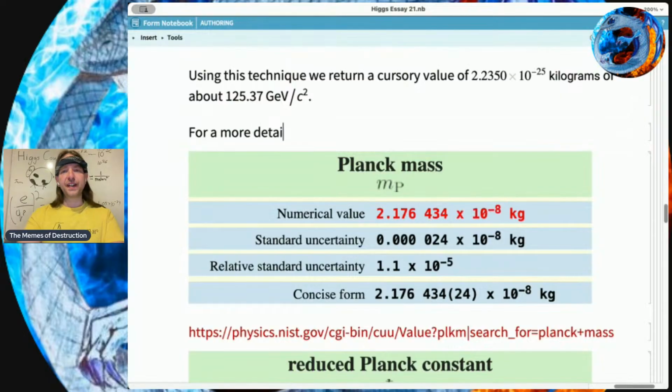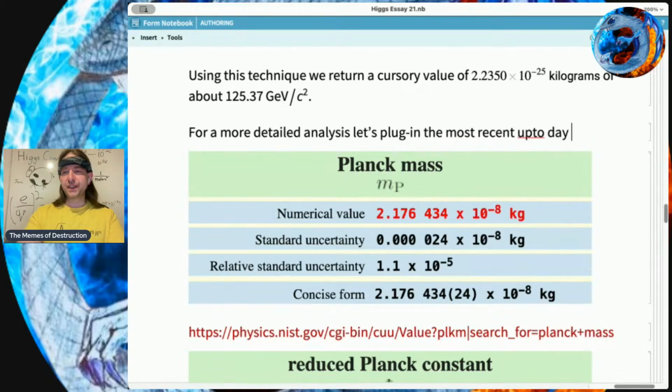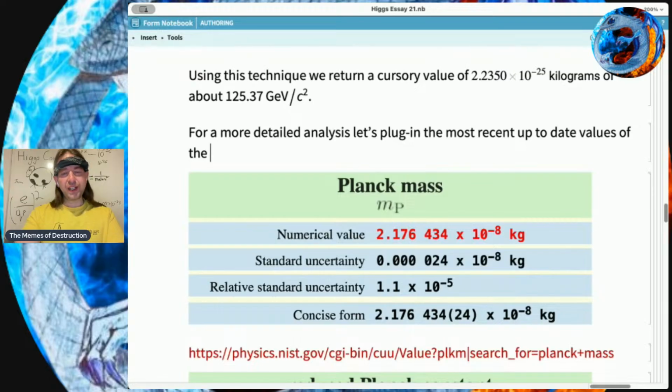Very more detailed. Let's plug in all the known, most recent up-to-date values of the mass.